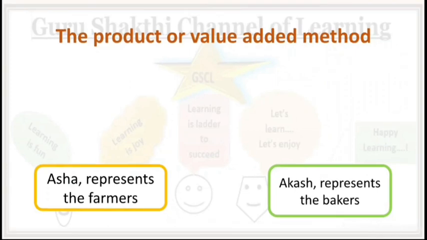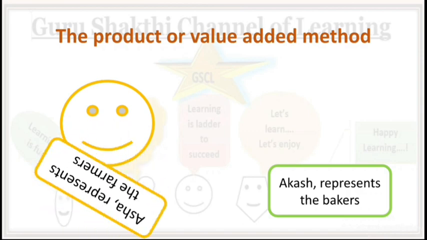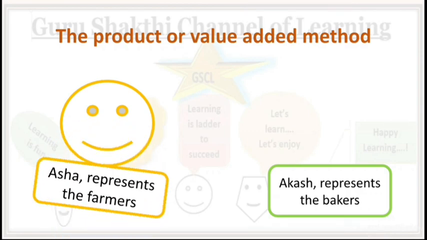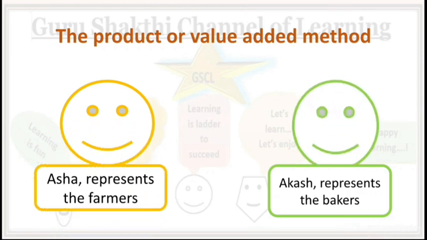Let's give them names. Asha represents the farmers and Akash represents the bakers.